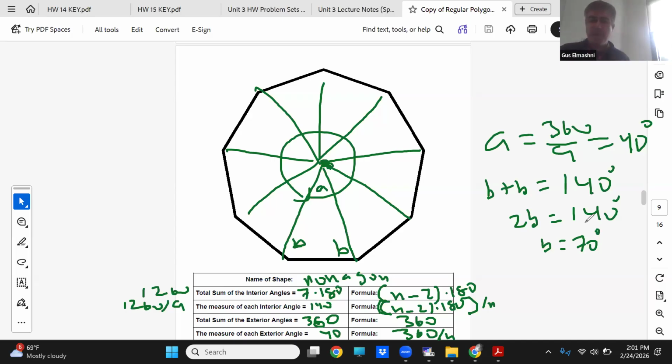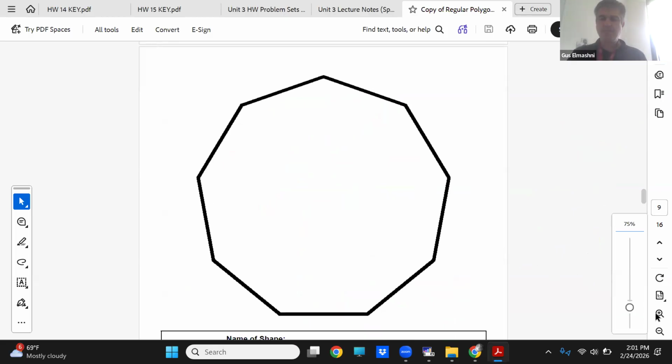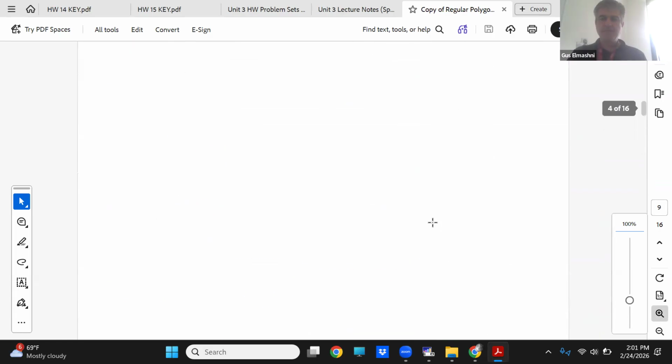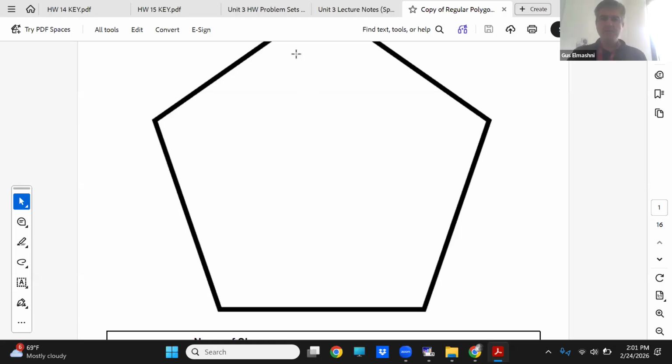After that, you guys can do Delta Math, with answers based on each of the formulas here. Correct, right. So this one is 540.